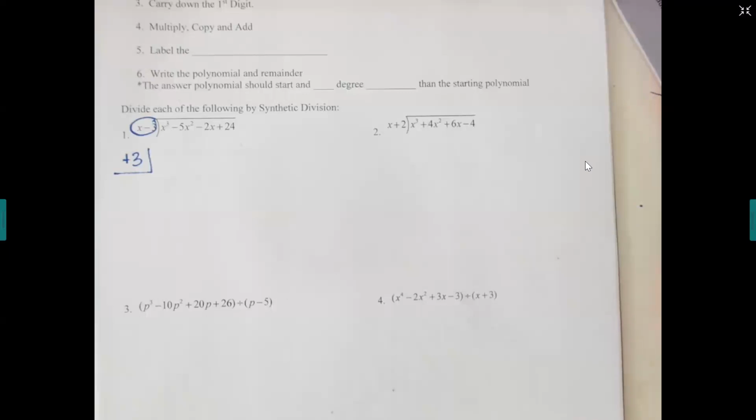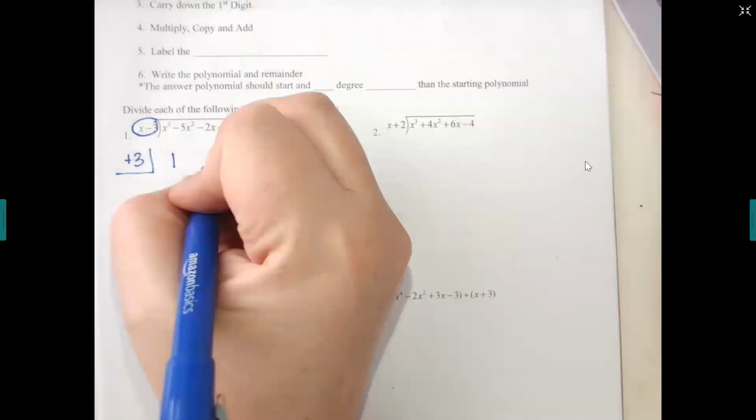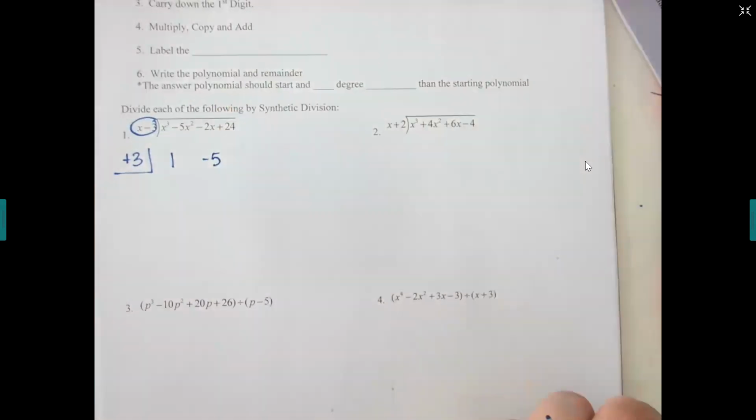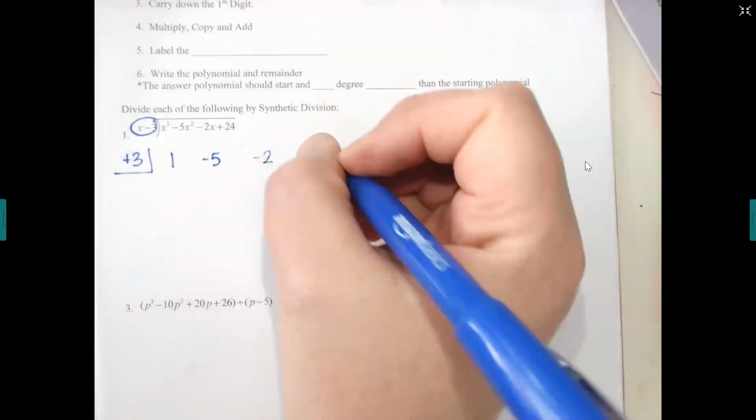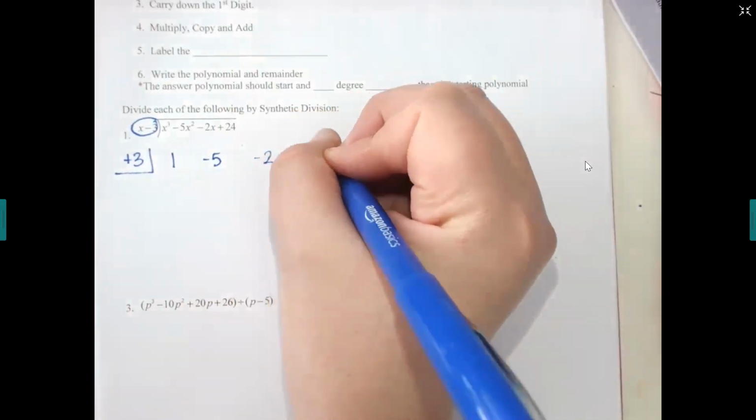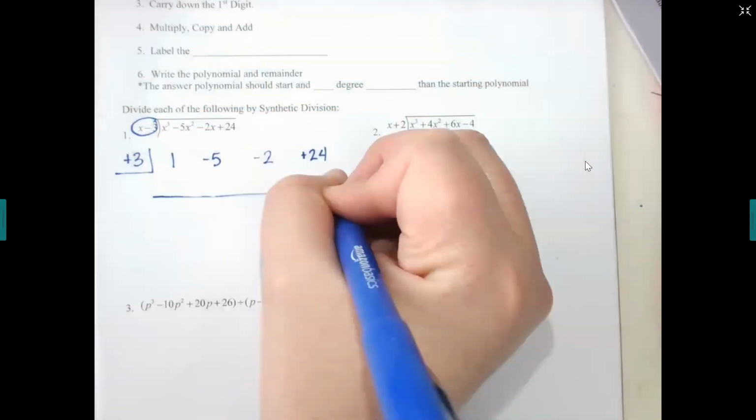We don't wanna rewrite all of this, so we're just gonna put the numbers. For my X cubed, I'm gonna put a 1. For my minus 5x squared, I'm just gonna put the minus 5. Then the minus 2. And then the 24. Remember, for the shortcut, you wanna be a little bit lazy.